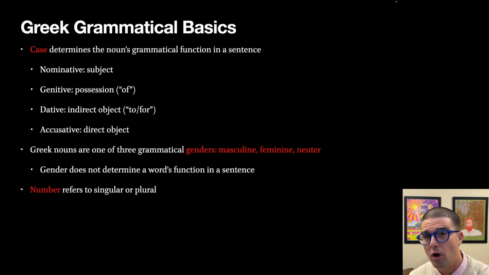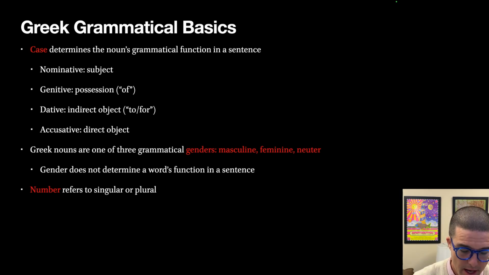So Greek nouns also have one of three different grammatical genders: masculine, feminine, and neuter. The second declension nouns are normally associated with the masculine and the neuter, and the first declension nouns are normally associated with the feminine. So most first declension nouns are going to be feminine in gender, whereas most second declension nouns are going to be either masculine or neuter in gender.